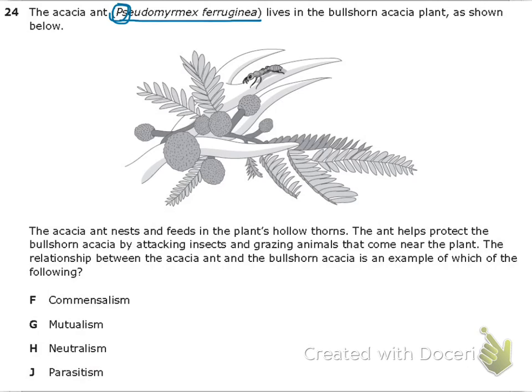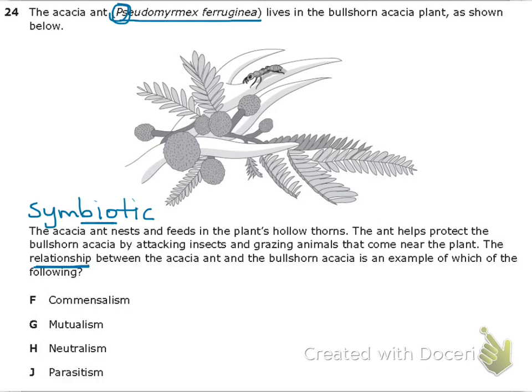Now, this question wants to know what type of relationship we have here. The types of relationships between two living organisms are called symbiotic relationships. A symbiotic relationship is a relationship between two different types of organisms.